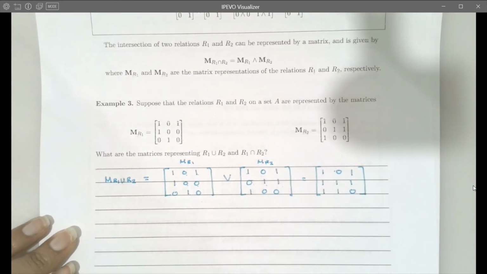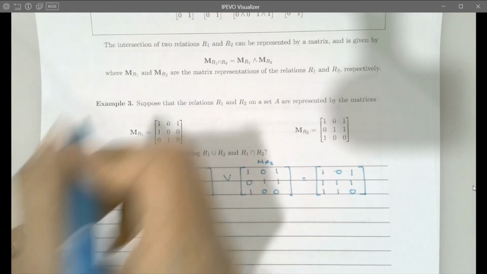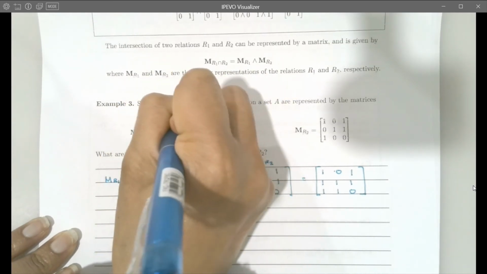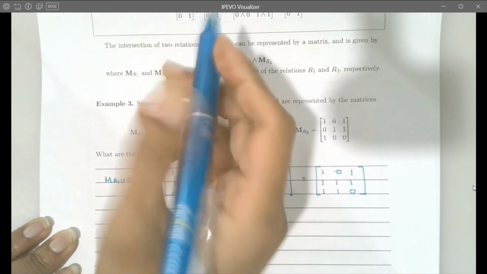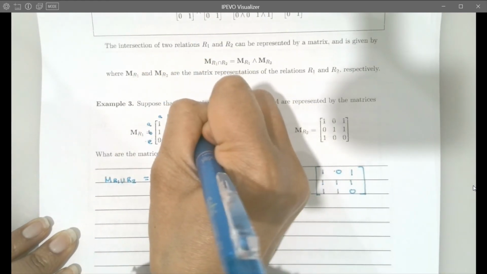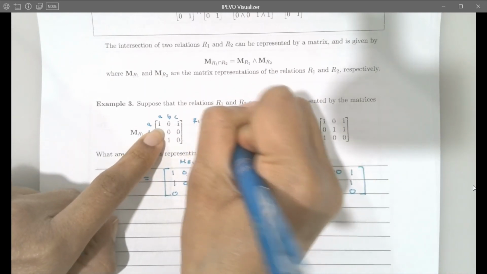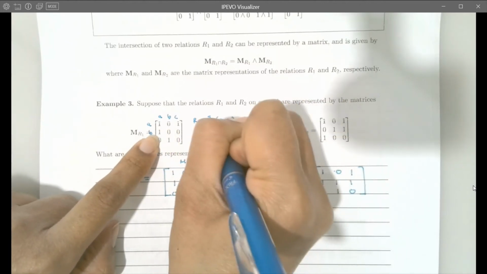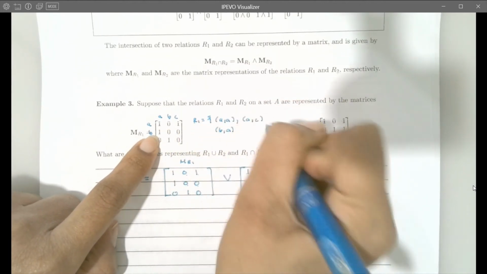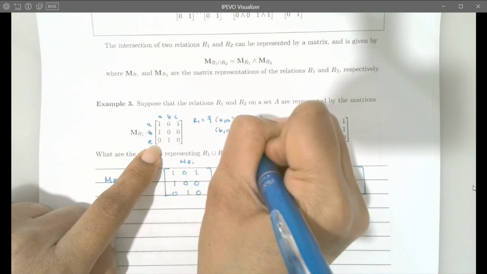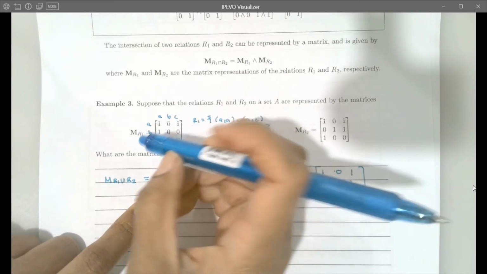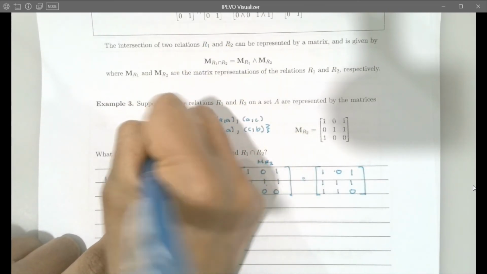Okay. Now let's translate it back to the elements of the relation. So if this is a relation that takes elements ABC to ABC, R1 is going to contain the elements AA, A to C, then B to A, and C to B. Okay, so I have a total of 4 ones, which means we have a total of 4 elements for the first relation.